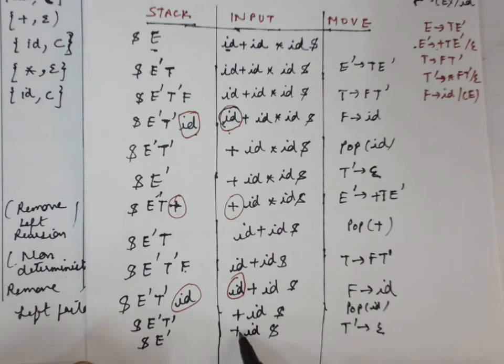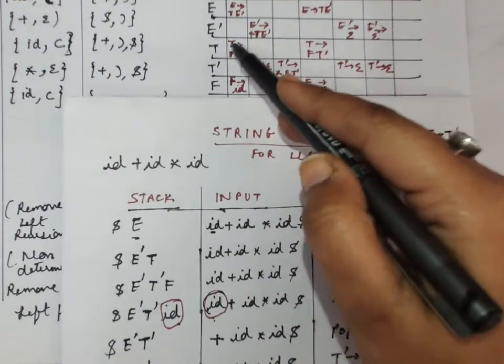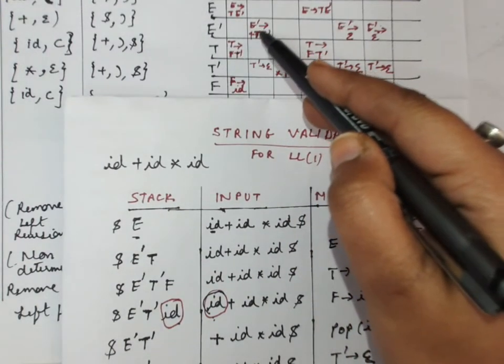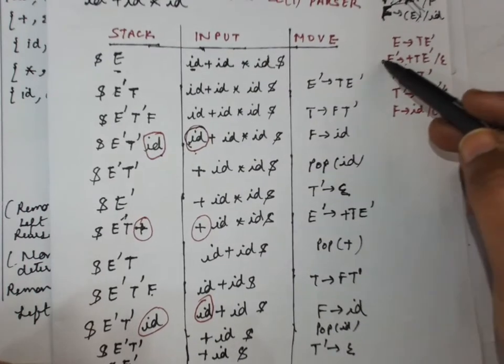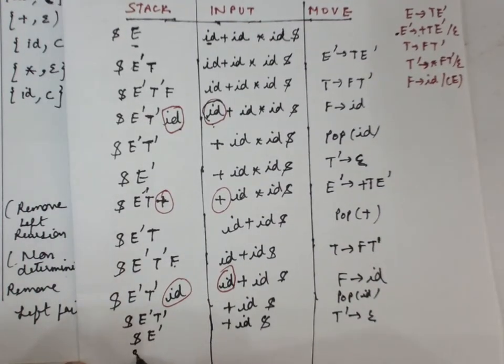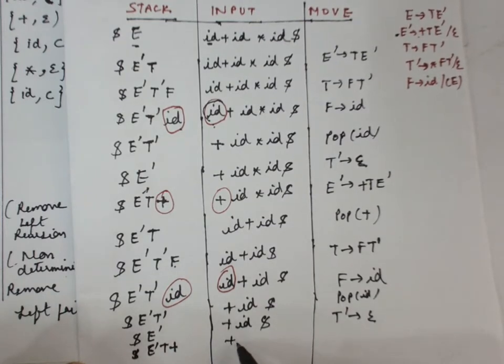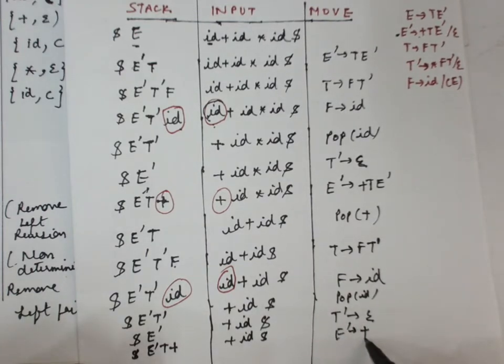Now you have E dash and plus. You can see it is E dash gives plus T E dash, this one rule. So you will again have plus T E dash, then plus id dollar, and the rule we applied is E dash gives plus T E dash.